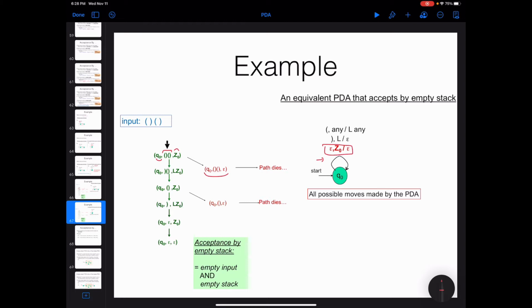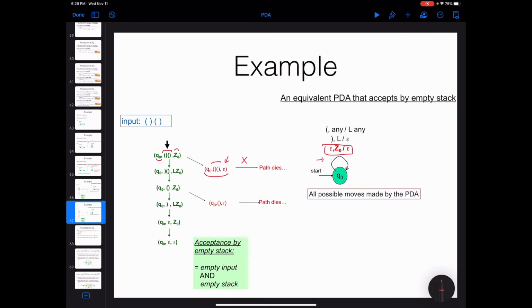So this path is going to die, and the reason is that this part is good, that we don't have anything in the stack. The stack is empty, that's good, but we haven't read anything from the input. So you are not done, and basically the machine will crash and reject the string, right?